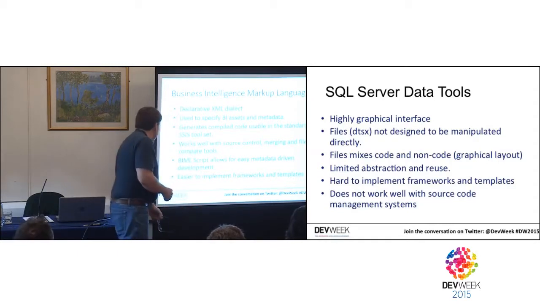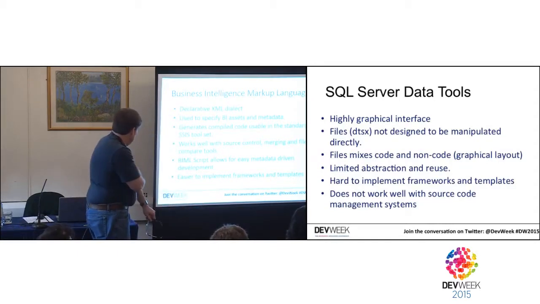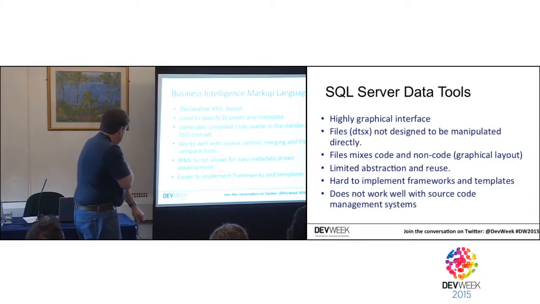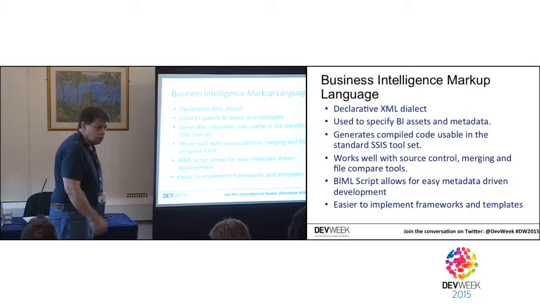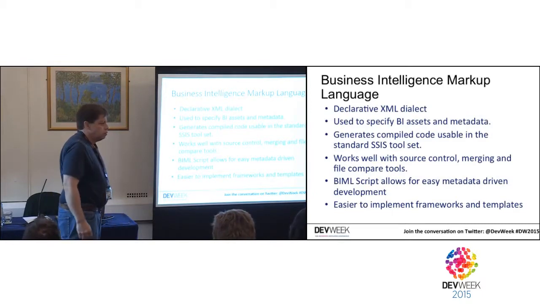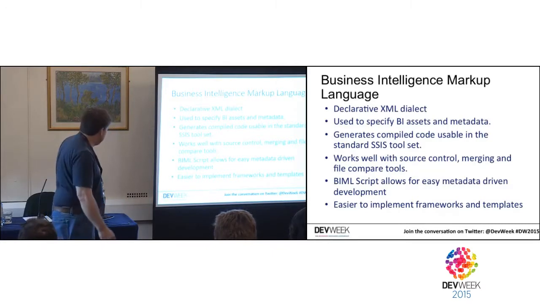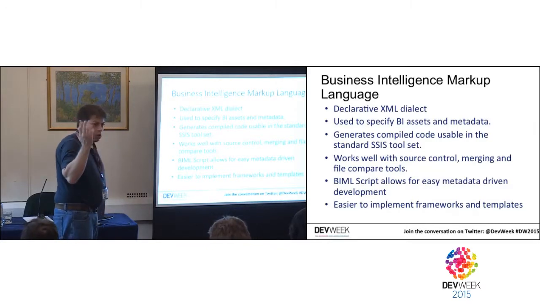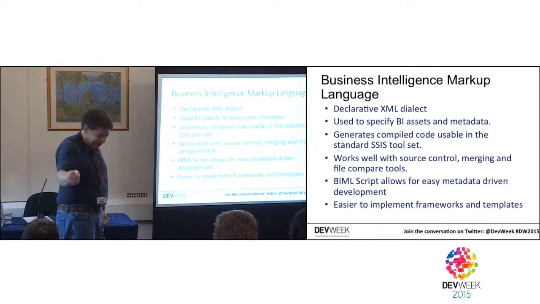Okay, so why do we like Business Intelligence Markup Language? Well, it's a declarative XML dialect. Everybody here knows XML. What is XML? Structured text. Human readable. It looks a lot like XAML.